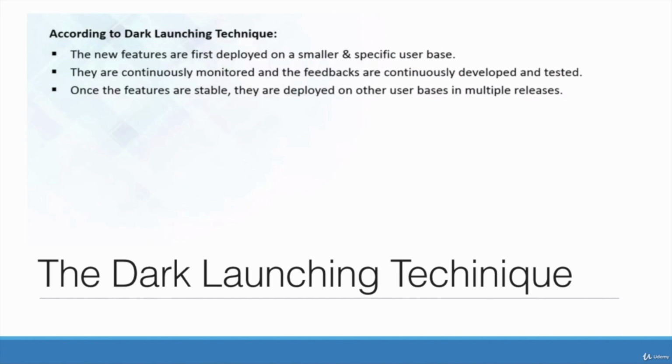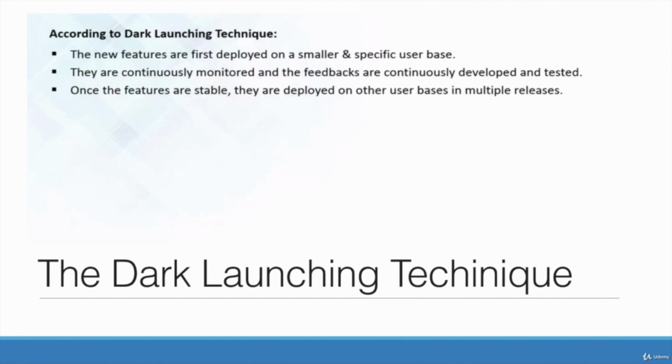First, Google Chat was introduced in the company itself. It was open for Google employees only, right? So the new feature is first deployed in a smaller zone, and it is open for a specific user base, right?